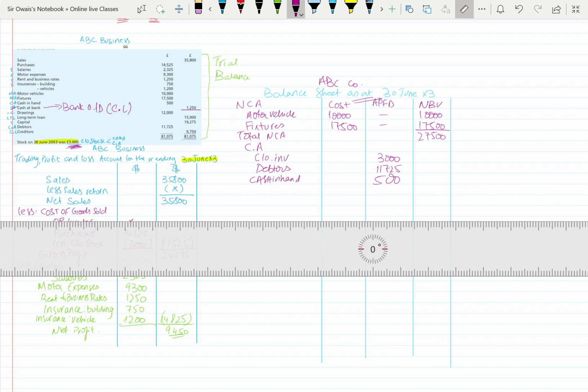Okay, so no other current asset here. 42,725. These are our total assets.